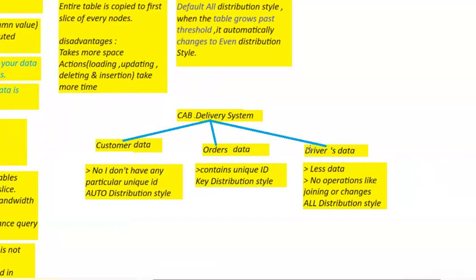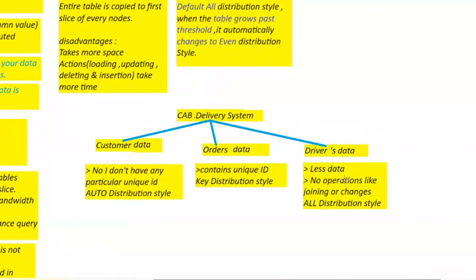Next, we want to choose a data distribution style for drivers data. Since I have a limited number of drivers, that is less data, obviously, and we don't need to perform operations like joining or change of data very frequently.